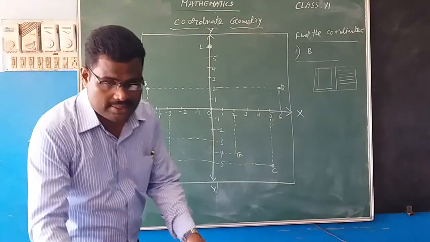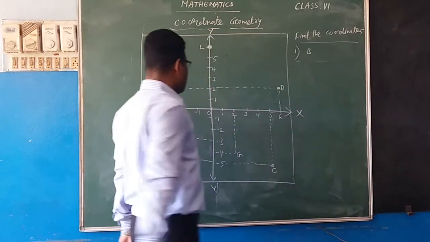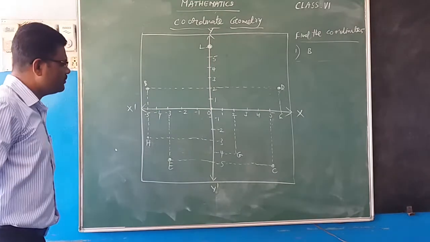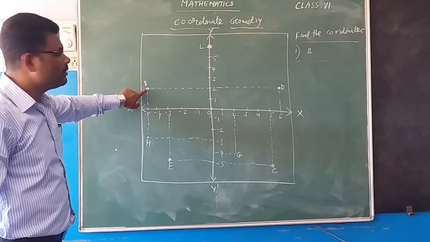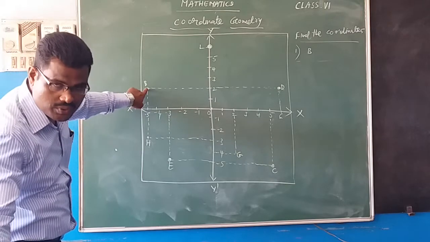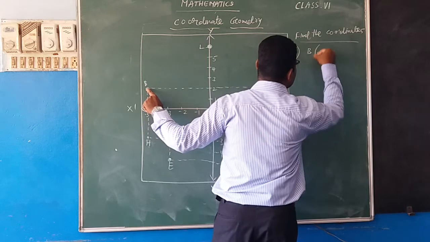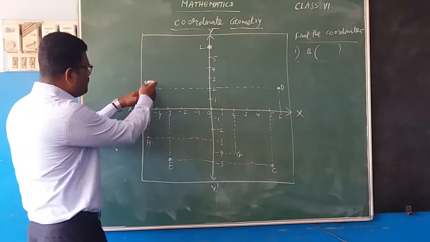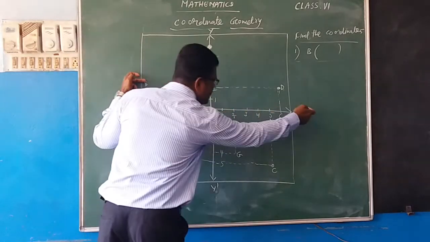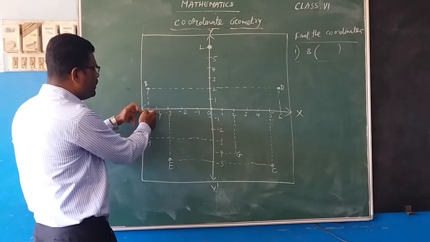Now this is the question. The first question is find the coordinates of B. Can you see the point B here? This is point B. For the coordinates of point B, you should always write the x coordinate first, y coordinate next. What is the x coordinate of point B?